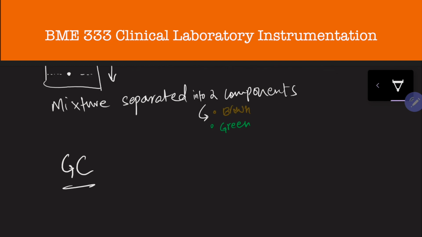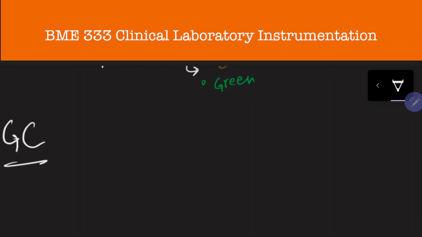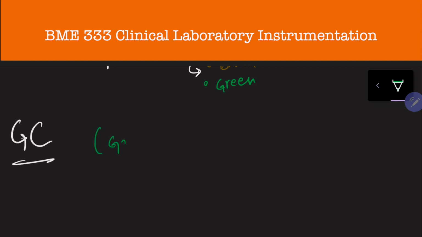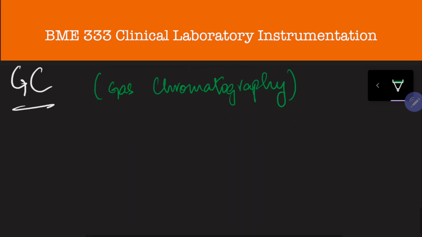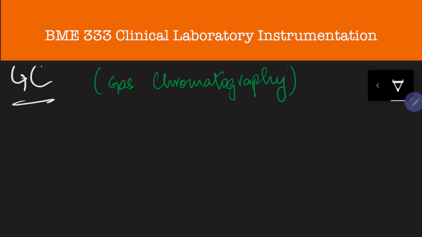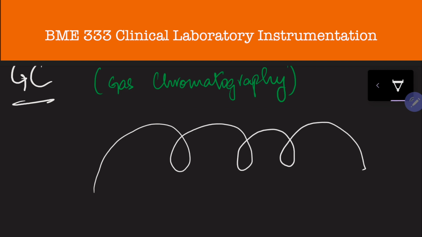The metal tube is wrapped around a coil inside the instrument, and the mobile phase is fed from one end and allowed to pass through the stationary phase. The mobile phase is often mixed with the sample, and then it's allowed to pass through the stationary phase, and then it's detected at the other end of the coil.